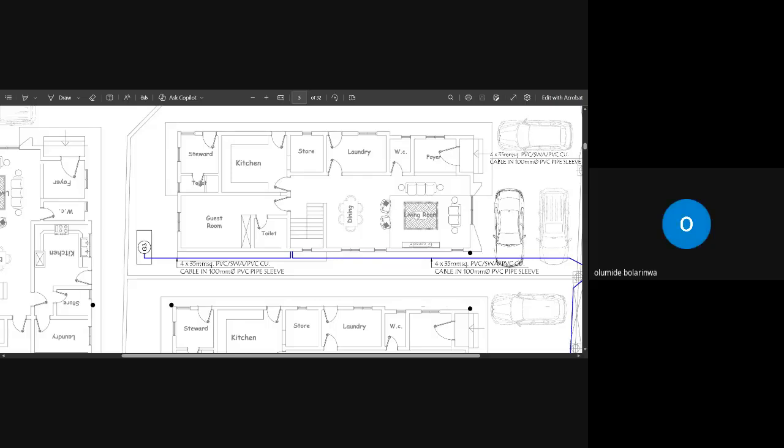Yes, sir. Please, what is the total? Our 4 by 35 mm cable, we have 39 meters. Now, give us the total meter of this one. What is the total, please?